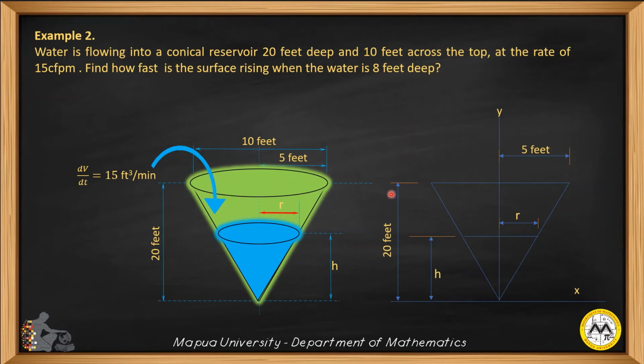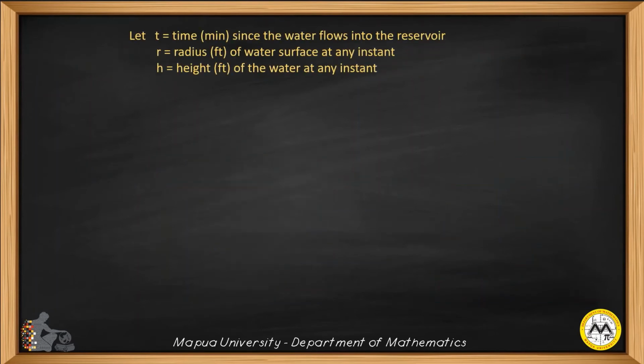The tank is 20 feet deep, with the radius of the upper portion, which is just a circle, equal to 5. So with this, we will be able to set up the relationship of r and h again using the ratio of sides of similar triangles.